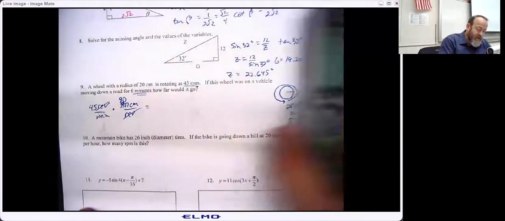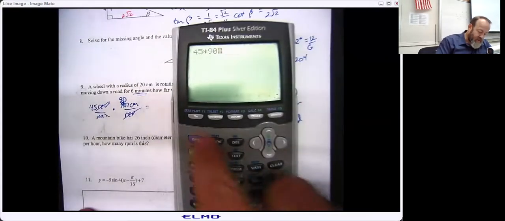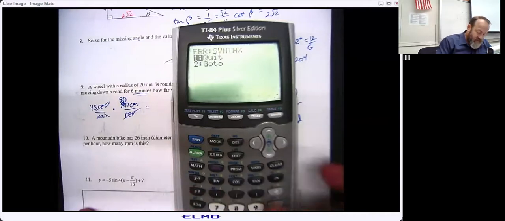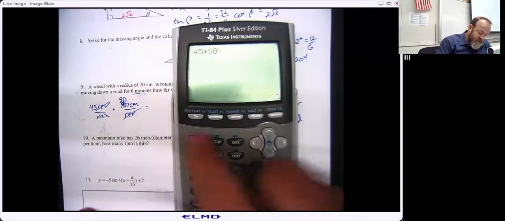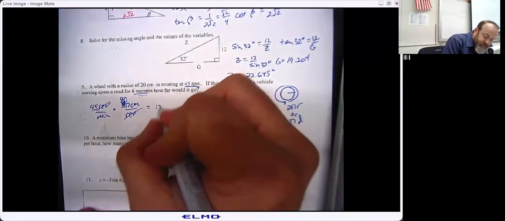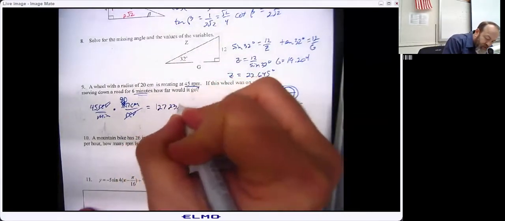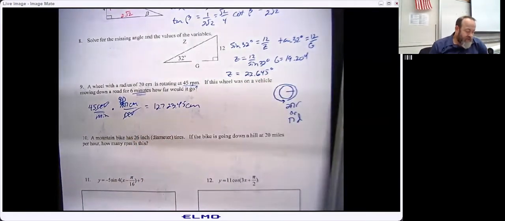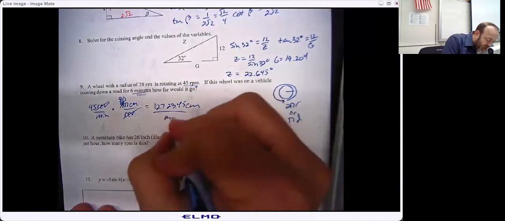That was 90 pi. That would be very small. 90 pi. That's 12,723.45 centimeters. Well, that's silly. But that's centimeters every minute.